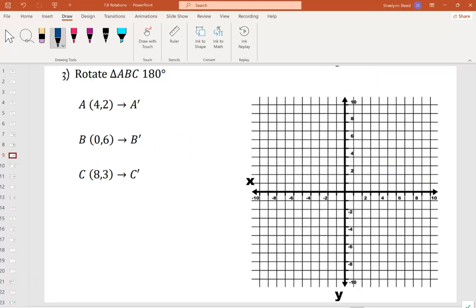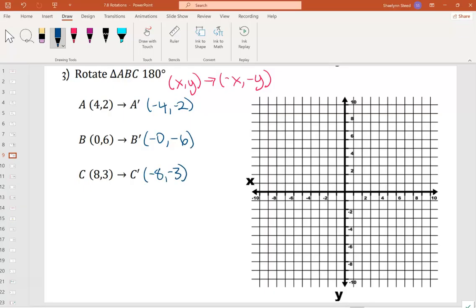All right, we've got one more together. So if I take my shape and rotate it 180 degrees, my x comma y is going to go to negative x comma negative y. So this would just be negative 4, negative 2, negative 0, negative 6, negative 8, negative 3.